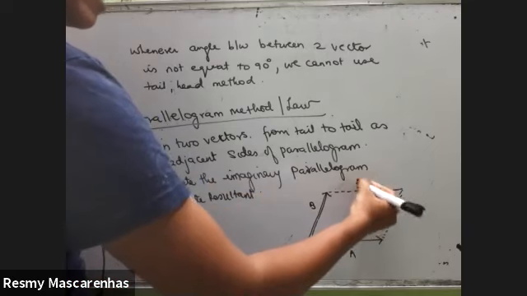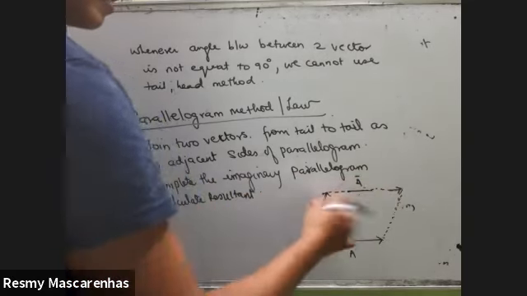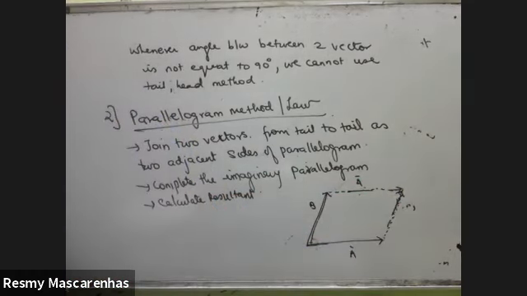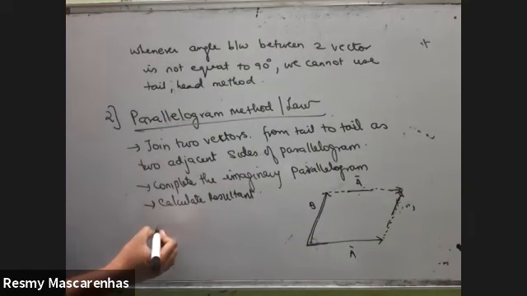These are two adjacent sides of the parallelogram. Then complete the parallelogram. So this fellow is A bar, same direction. So this head will be here, and this one will be here. And now what will be your resultant? The resultant is always equal to the diagonal.